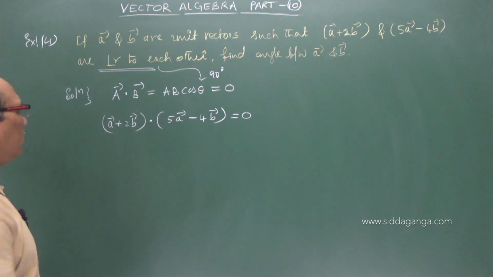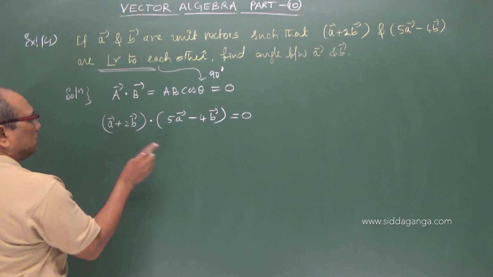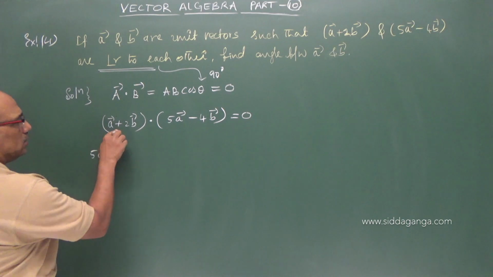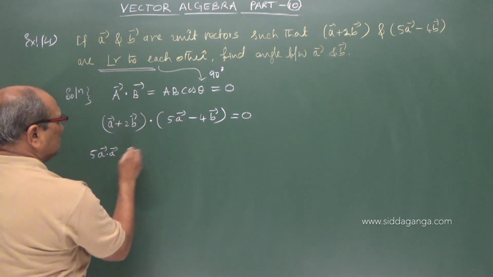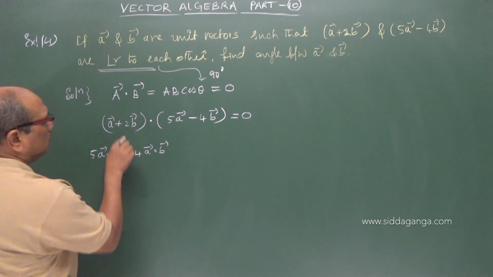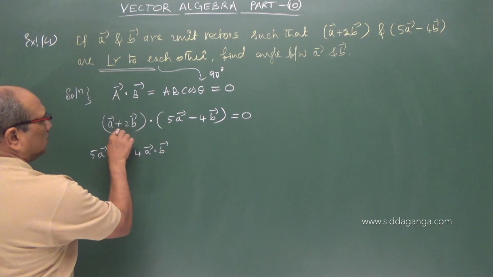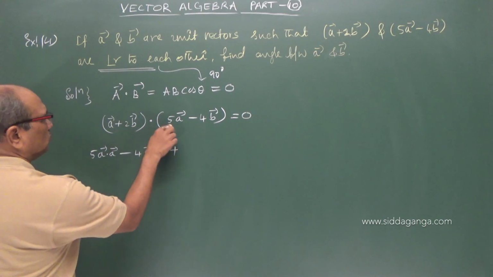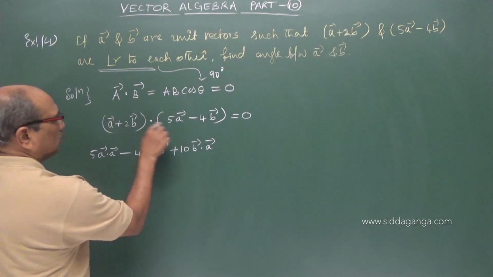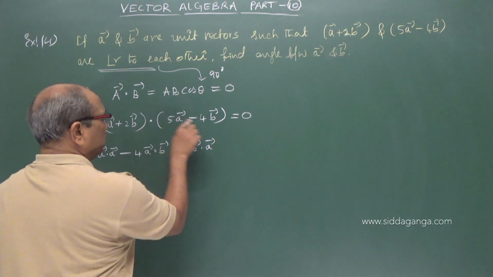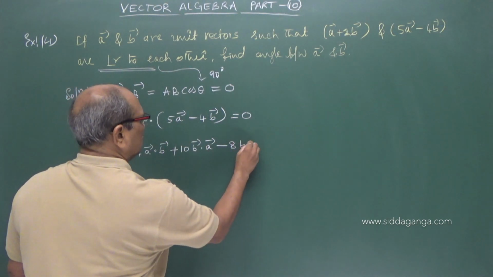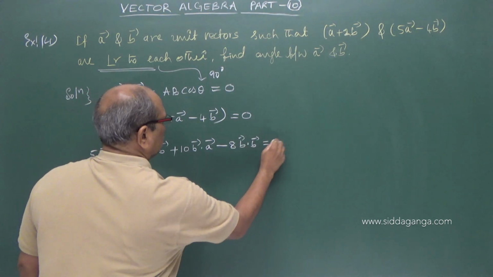Now A to A, the dot product exists. 5A dot A, minus 4A dot B, plus here 2 into 5 is 10 B dot A, and B to B, minus 4 twos are 8 B dot B, equal to 0.